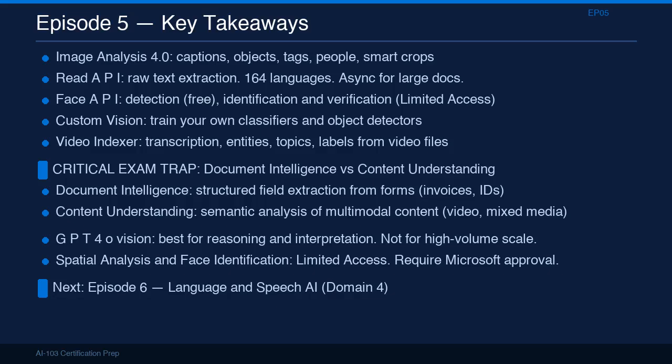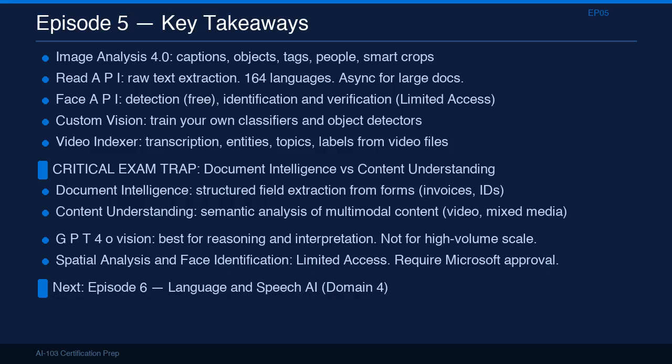Face API detection is freely available. Identification and verification require limited access approval. Custom Vision lets you train your own image classification and object detection models without writing machine learning code. Video Indexer extracts transcriptions, named entities, topics, sentiments, and visual labels from video.